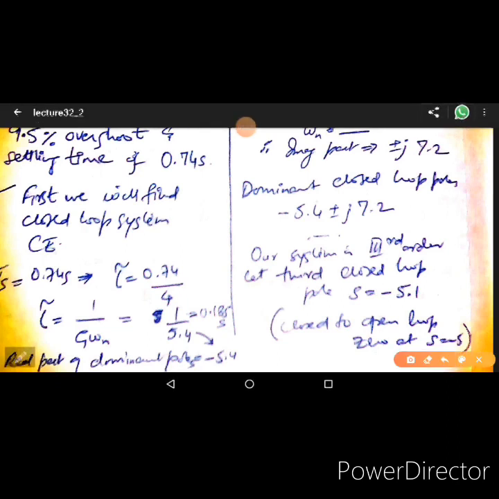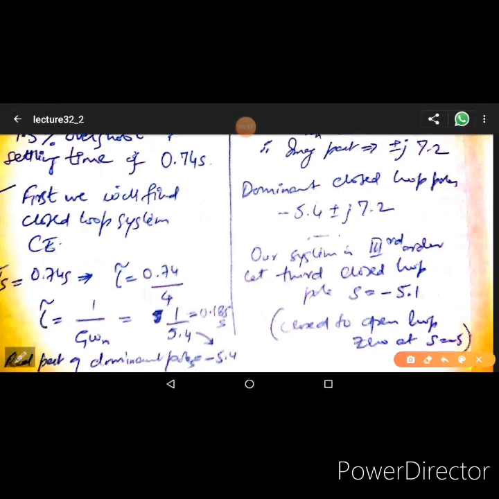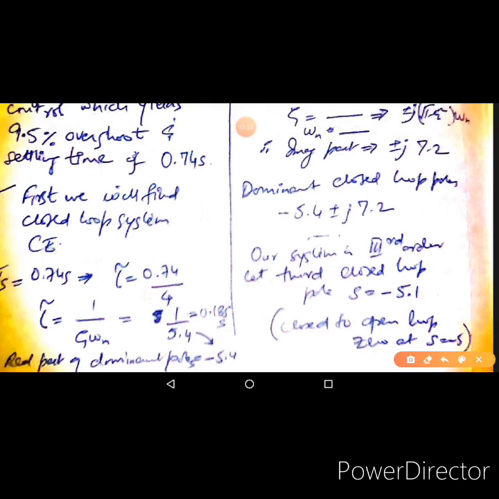We can assume its location to cancel out the open loop zero, the plant zero, but here we are not doing it, we are taking it close to that. So this is our assumed closed loop pole, and it's a real pole. It's the third one. Therefore it has only a real part and no imaginary part.